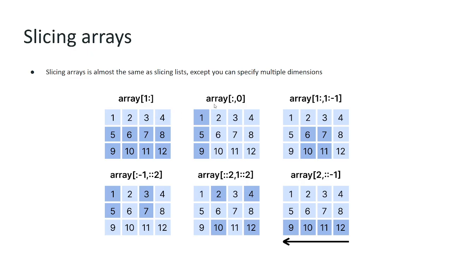Then if I consider the array without any row parameter, putting a colon and then a 0, it will generate a subset of this given array, and since it has mentioned 0, it will only extract the 0th position column, and you can see that 1, 5, 9 will be extracted.